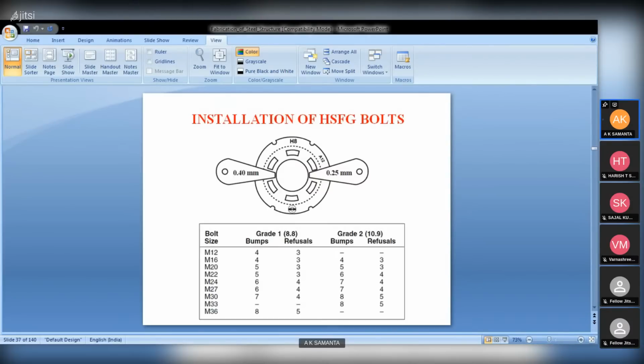That is the methodology, and the thickness of the filler gauge has been given here, depending upon the size of the bolt.